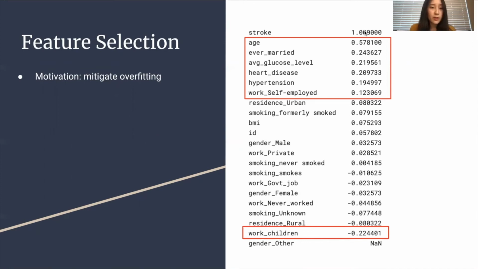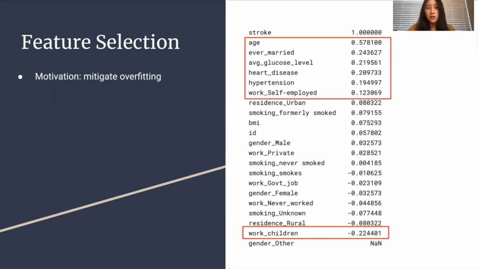So we set our threshold at an absolute value of 0.1, and that leaves us with 7 variables: age, ever married, average glucose level, heart disease, hypertension, and 2 work type variables.